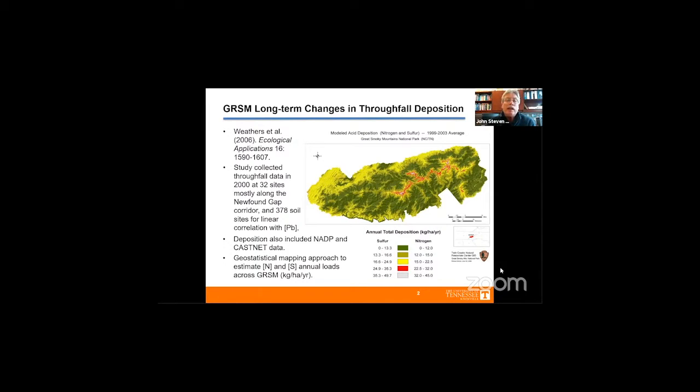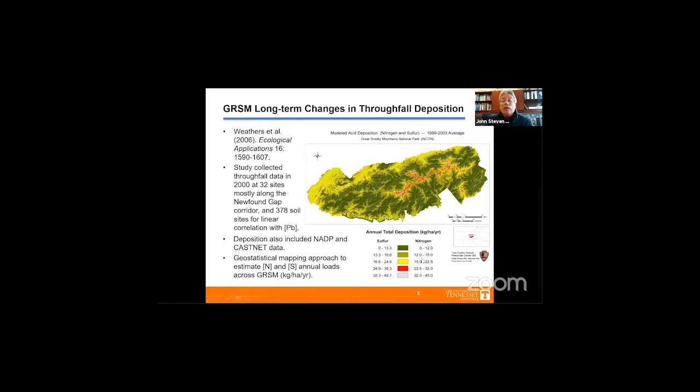She collected data at about 32 sites, mostly in the middle of the park, but also collected 376 soil sites and used a linear correlation with lead concentration in the soils. She also used some NADP and CASTNET data, and then used geostatistical mapping to create this figure.